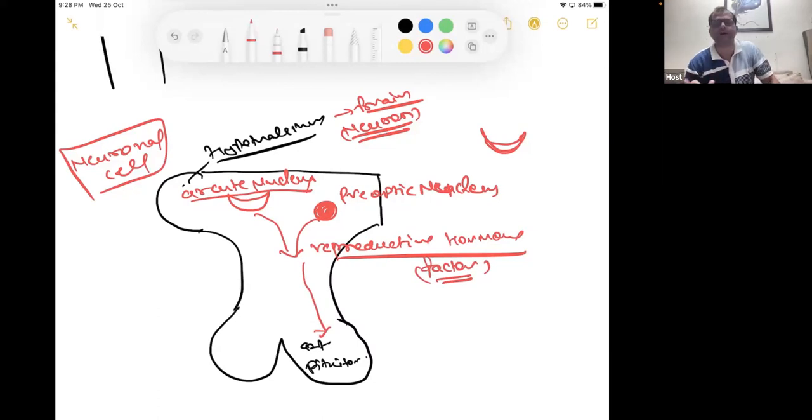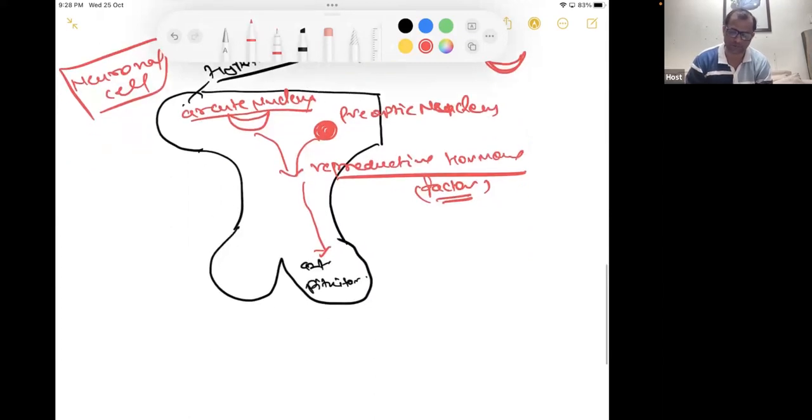The hormone is made by anterior pituitary. So the hypothalamus is just sending the message to the pituitary, please make this type of hormone in the body. We are in the need of this type of hormone. So pituitary asking, okay, tell me which hormone you need. So hypothalamus is telling we need GTH hormone.